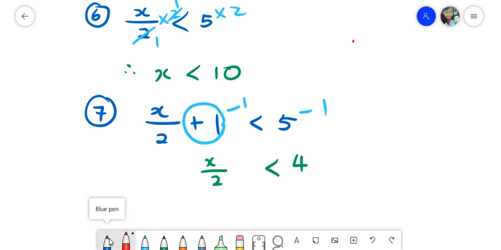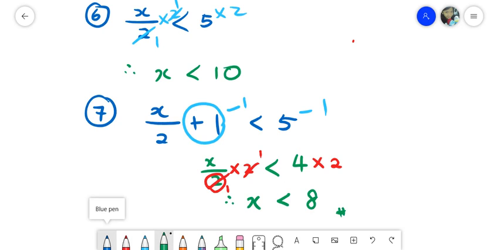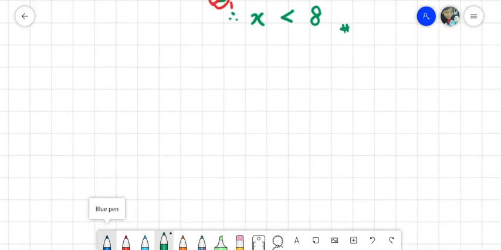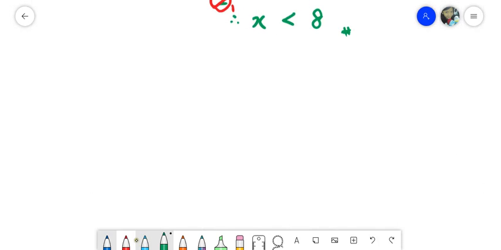How to get rid of the divide by 2 here? Yes, you need to multiply with 2. Simplify it, so your x is less than 8. Very straightforward, right?